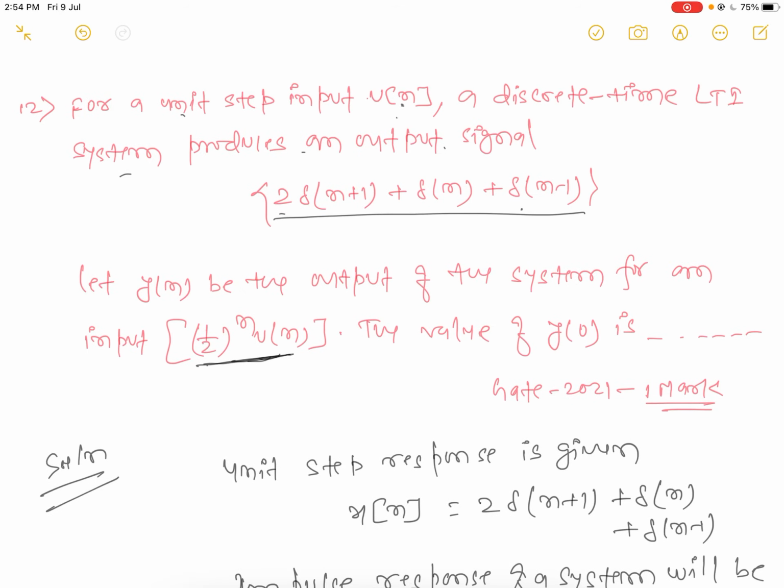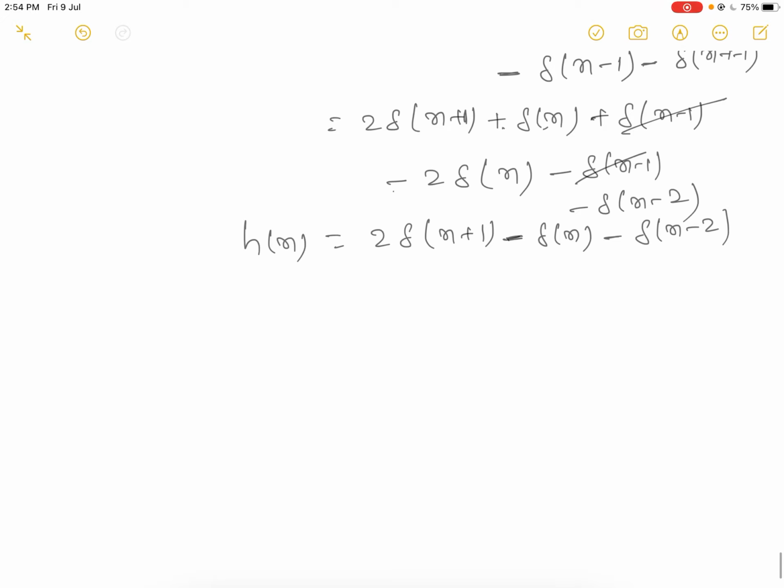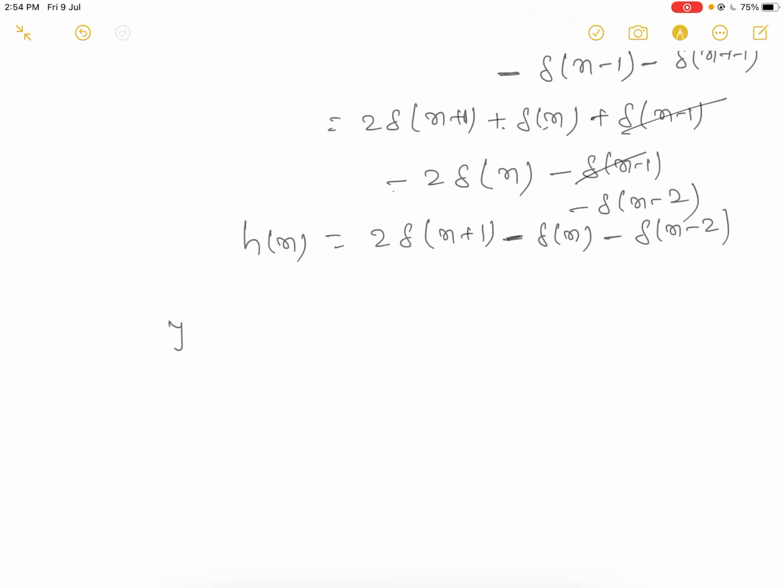Now after that we apply the input x[n] equal to half to the power n u[n]. Let y[n] be the response of the system. Already x[n] was considered, so y1[n] will be simply h[n] convolved with half to the power n u[n].